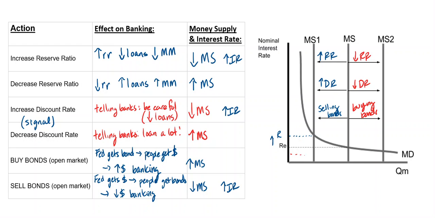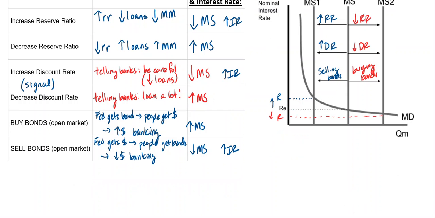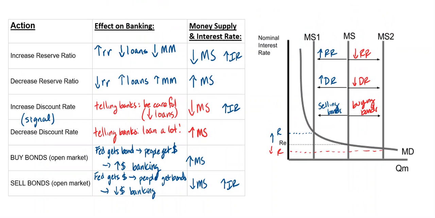And increasing the money supply is going to decrease our nominal interest rate in this case, a lower interest rate through each of these actions. So you should be able to see what these actions do, how they change the banking system, how they change the money supply, and using our money market, how they change interest rates.